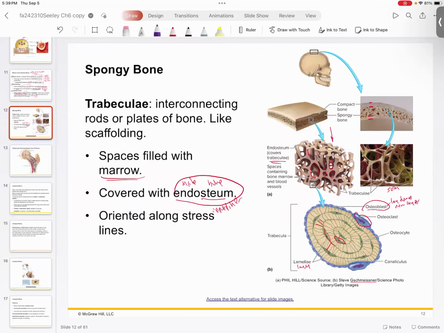The trabecula themselves basically act like the columns of a building that's holding up a building, or like colonnades.